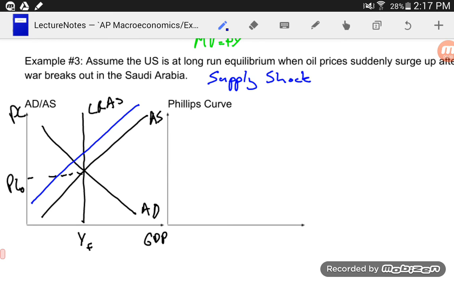It was a big unexpected change in input prices. So it's going to make it more expensive to produce goods, so we're going to have that decrease in production. Well, that leads us to a case of less than, I should call that Y1, less than full employment, but with some inflation.